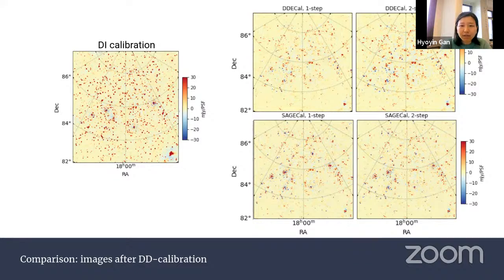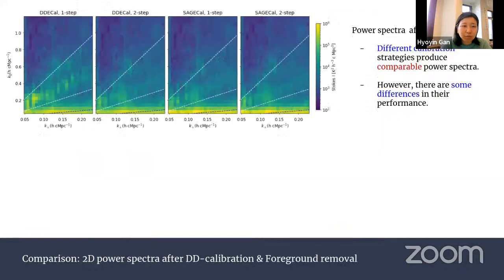As you can see, there's still some residual. However, a lot of sources are removed, and there are some differences depending on which strategy you use here. However, they are very similar. So now we are going to take a closer look at what the differences are between their performance.